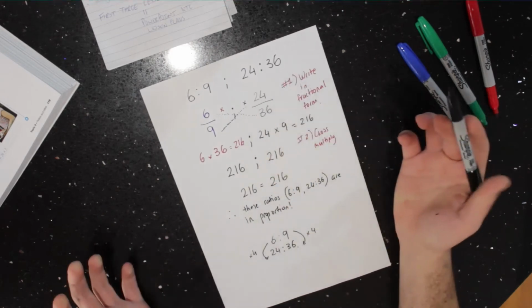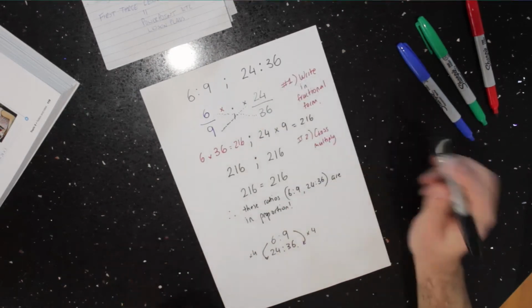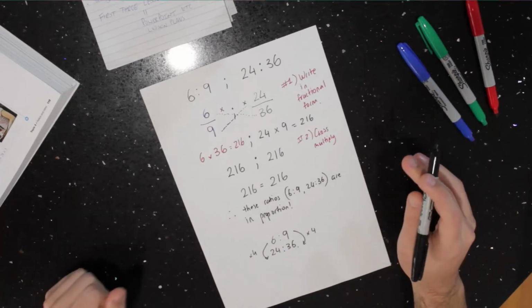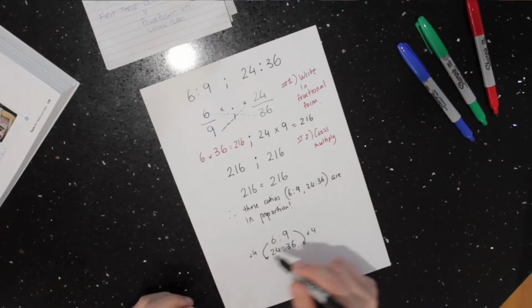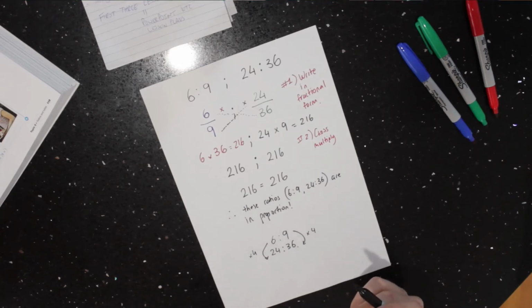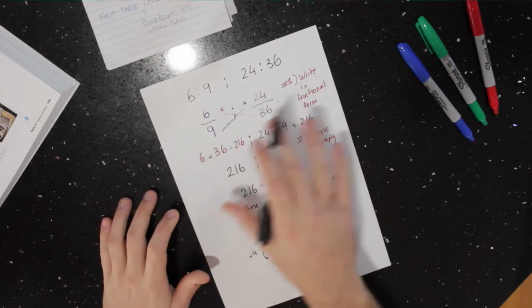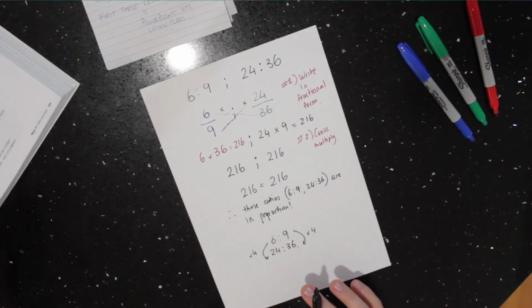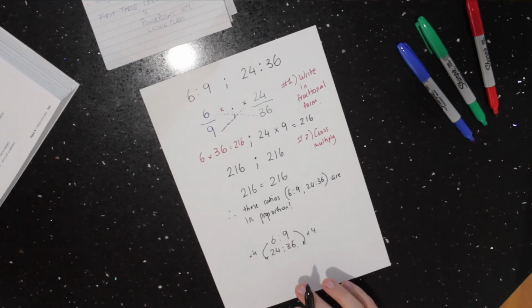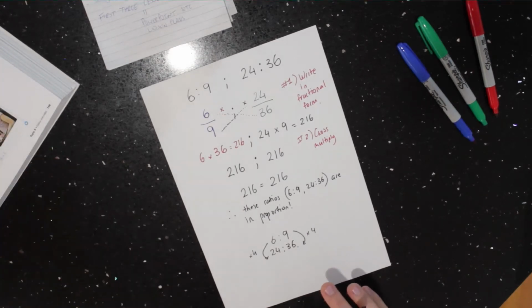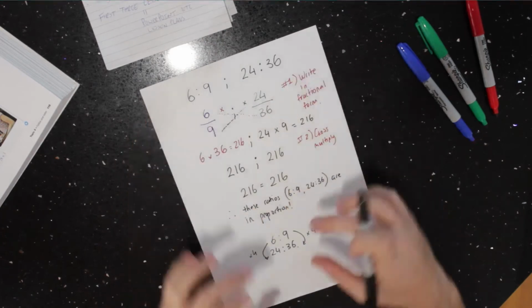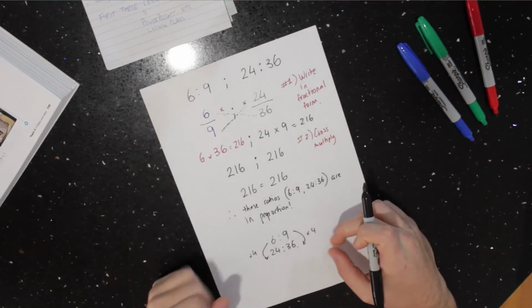So the cross multiplication method is just a really easy way of doing this if you have much more complicated numbers to work with. Now we know that it works by looking at this.